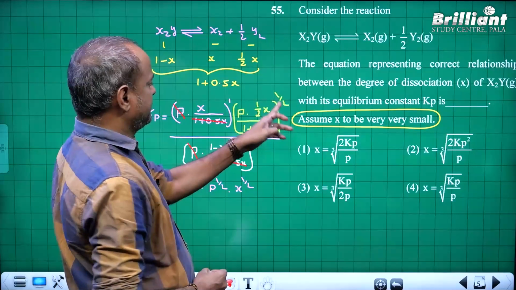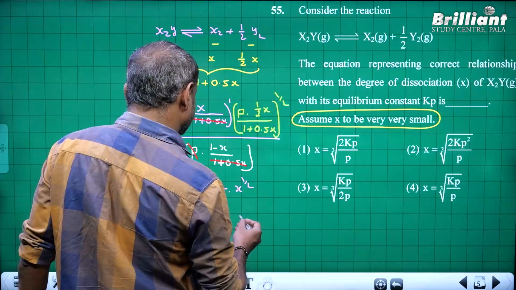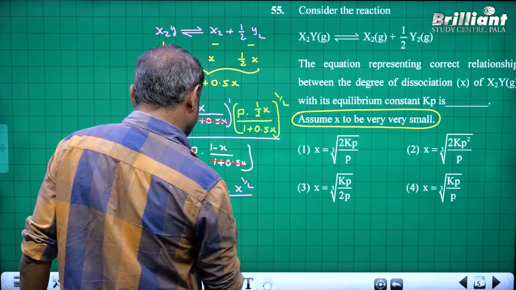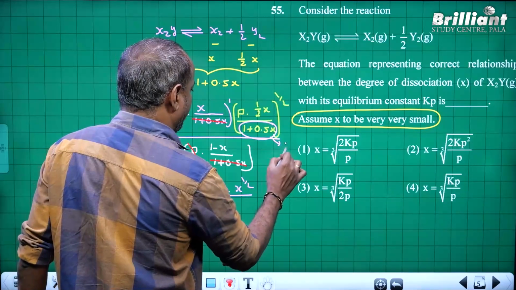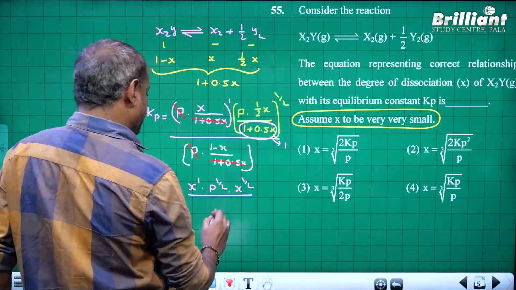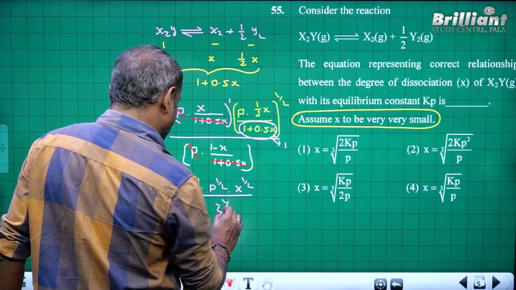The denominator has root 2, and 1 minus x is taken as 1. So the denominator is 2 raised to 1 by 2.